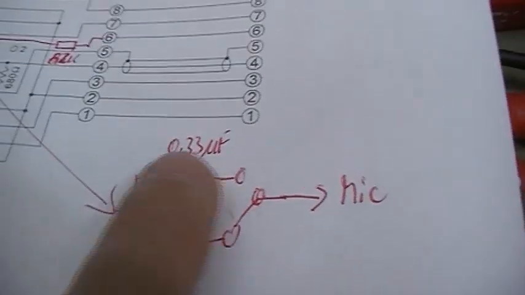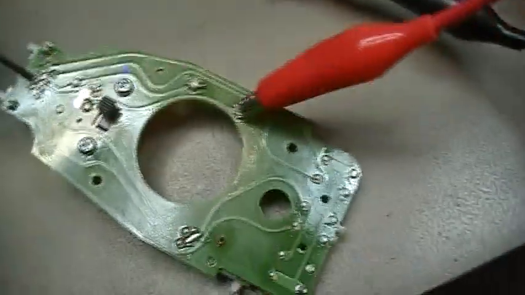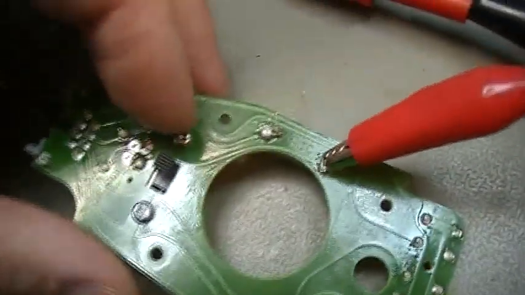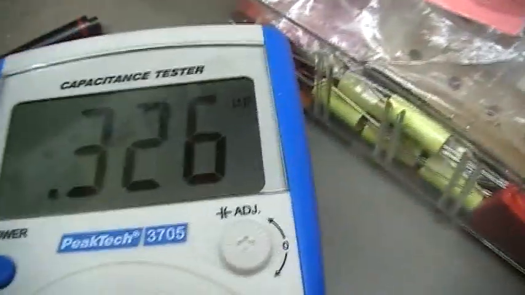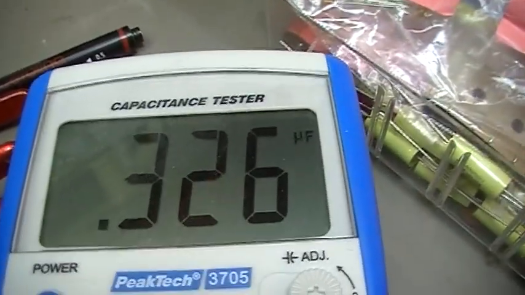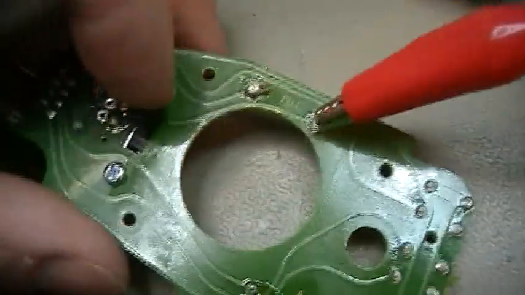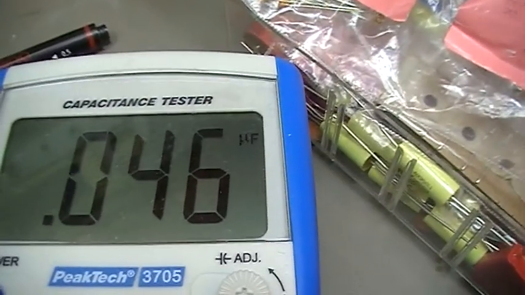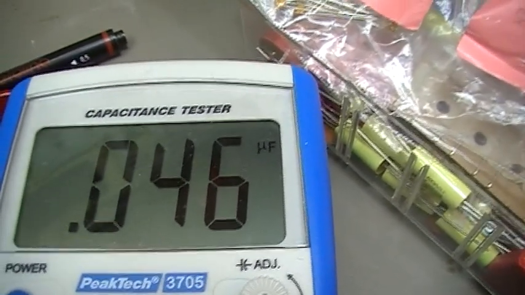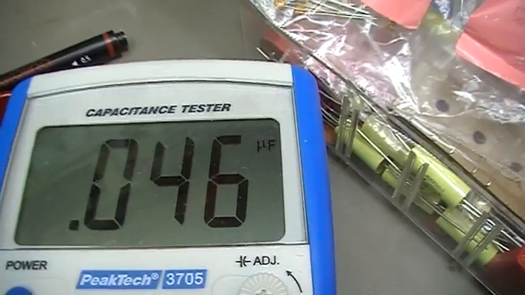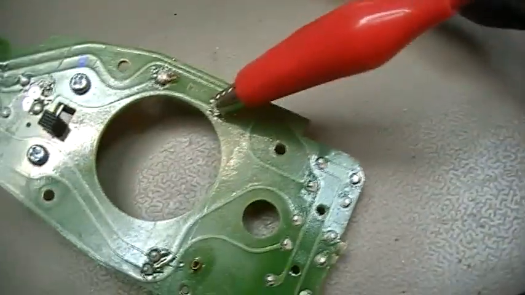So two positions: first position 0.3 micro, and flipping over to this position we have our 46 nanofarad. So that is the first modification.